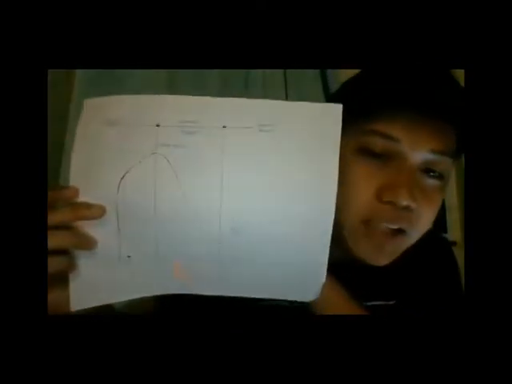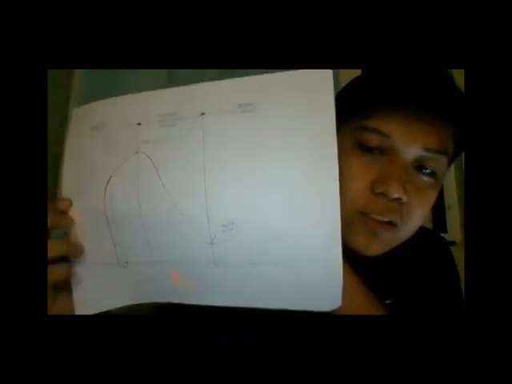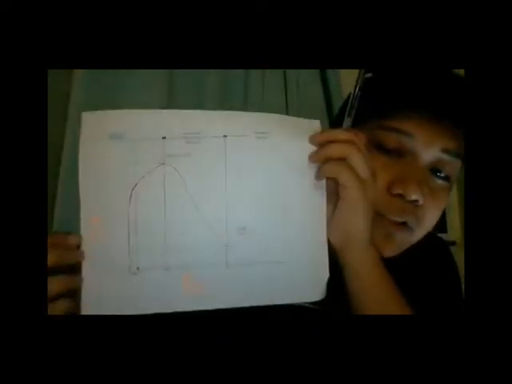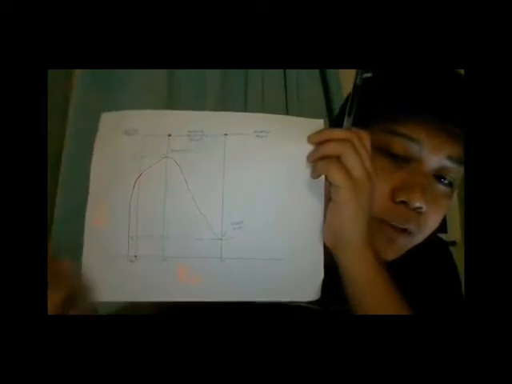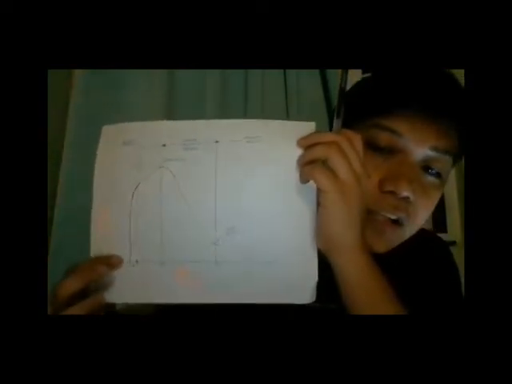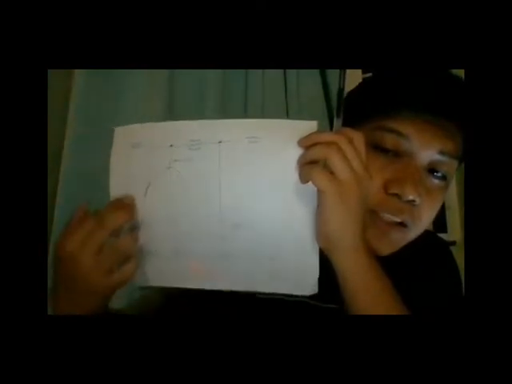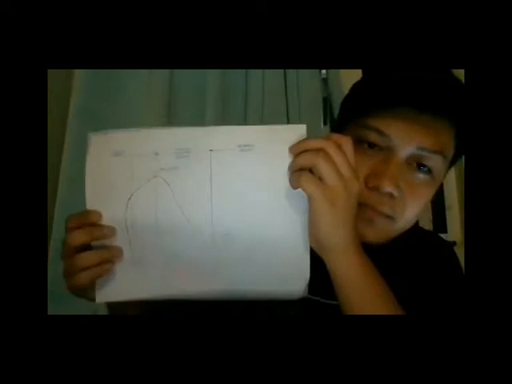Next naman is yung static emitter characteristic curve that shows the relationship between the emitter voltage and the emitter current. Initially, the emitter voltage increases from 0 until it reaches its peak point.